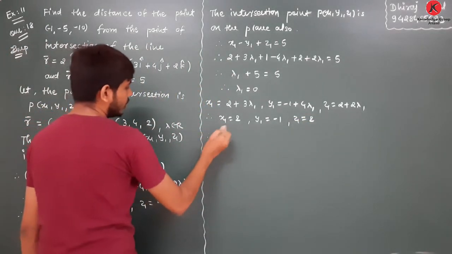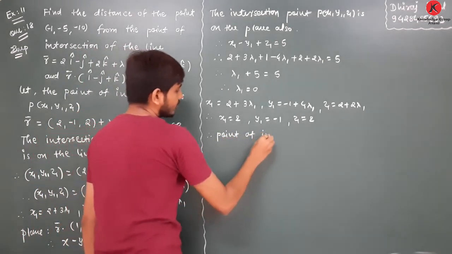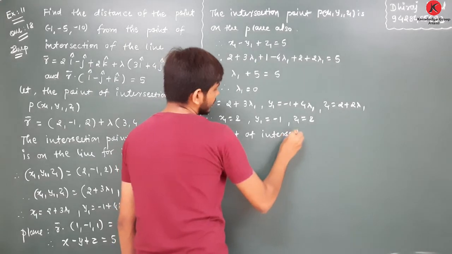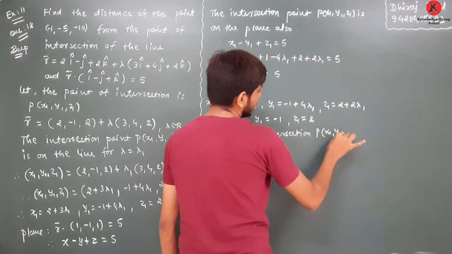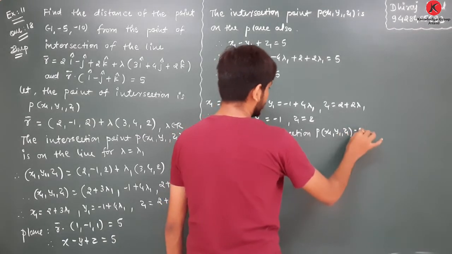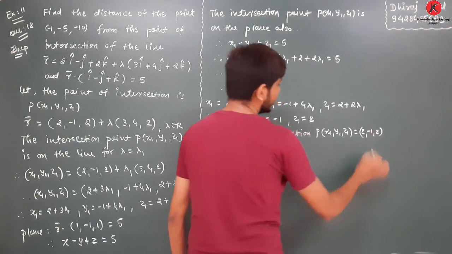Therefore the point of intersection P (x1, y1, z1) is (2, minus 1, 2).